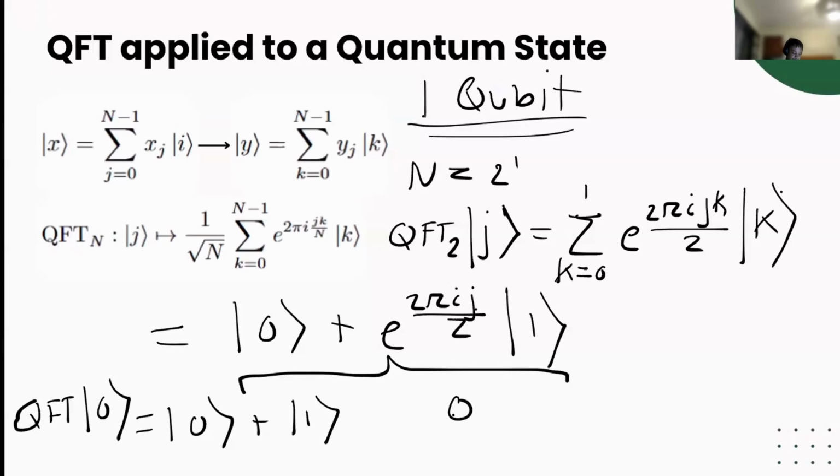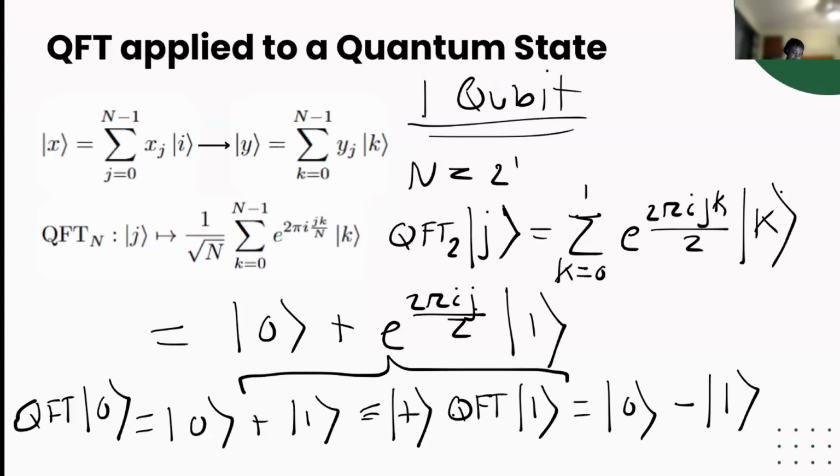When we apply QFT to the 1 state, we'll get, again, 0. But now we have a 1 here, so this is e to the pi I yet again, so it's -1. And this is just the plus state and the minus state. So these are what you get after applying a Hadamard.